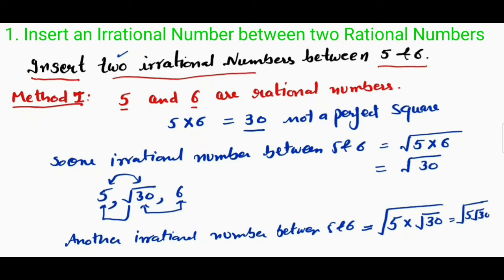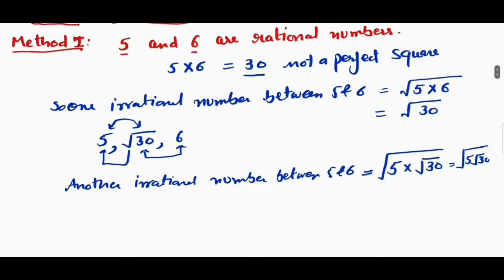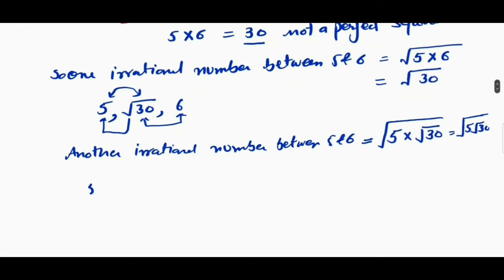So my two irrational numbers between 5 and 6 can be written like this: 5, comma, this number, square root of 30, and 6. So this number and this number are two irrational numbers between 5 and 6.